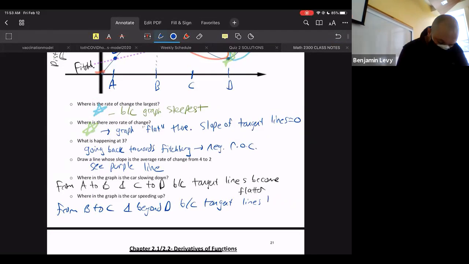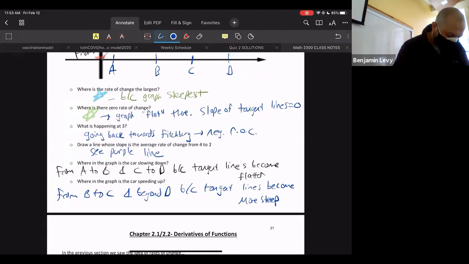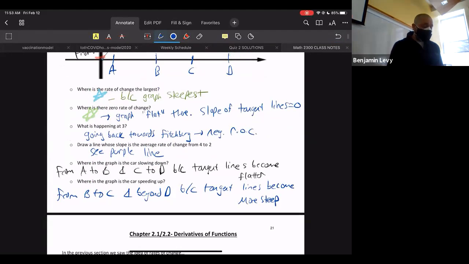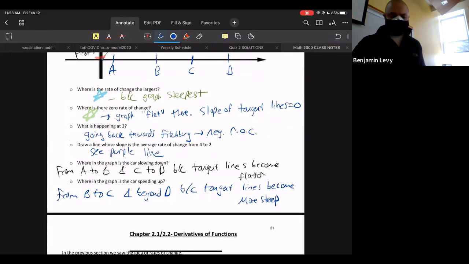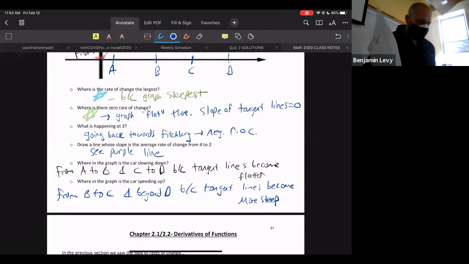Let's just say become more steep. Right, the slopes are going up in a positive or negative way. Right, B to C, we're going faster, but we're going faster negatively, and beyond D, we're going faster, but we're going faster positively. Yeah, I think I'm stopping there.